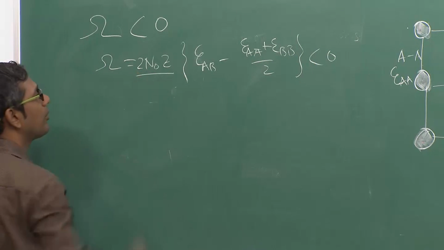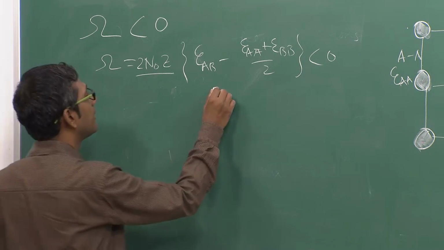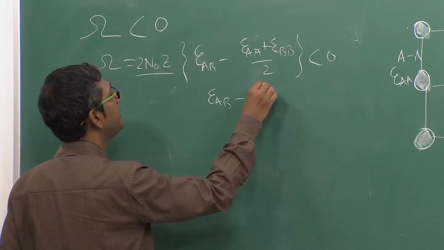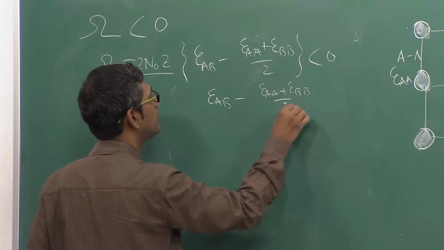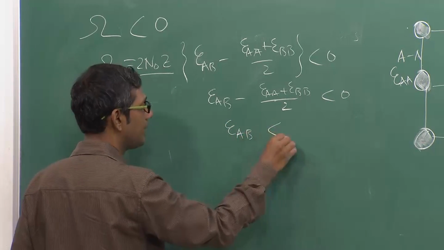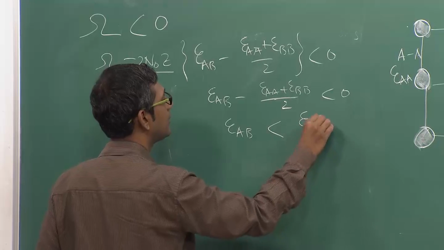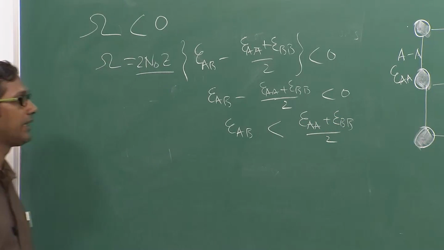This parameter cannot make any change in the sign of omega. So that means epsilon AB minus (epsilon AA plus epsilon BB) by 2 is less than or equal to 0. That means the AB bond energy is less than or equal to the average of the bond energies of AA and BB.